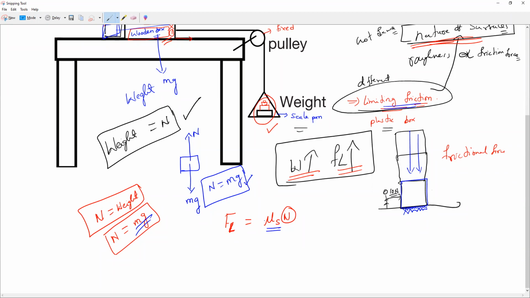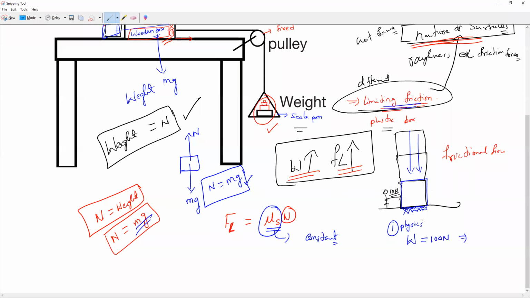Remember, it is found that the coefficient of limiting friction always remains constant. For example, I put one physics book. Weight is equal to, let me take for example, 100 newtons.